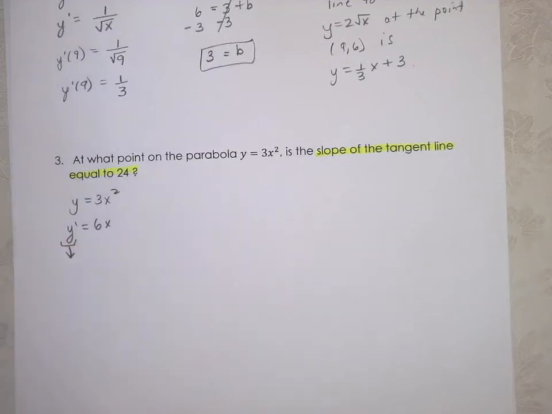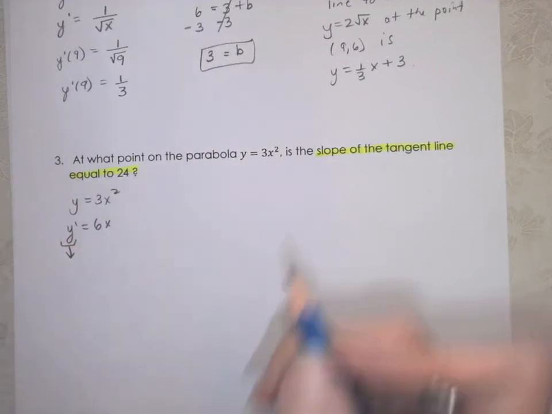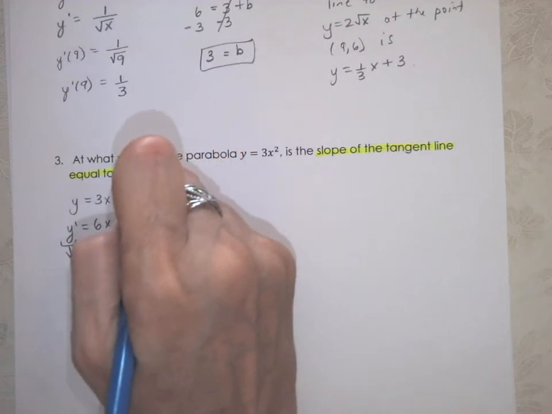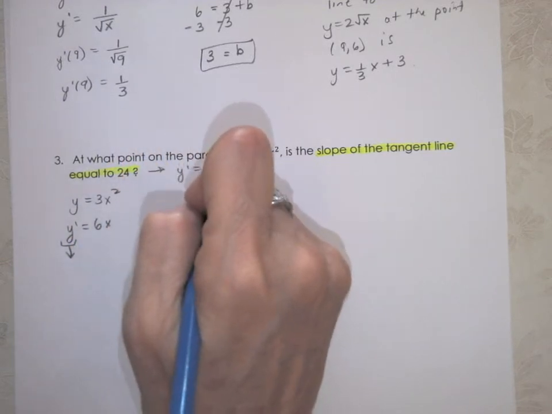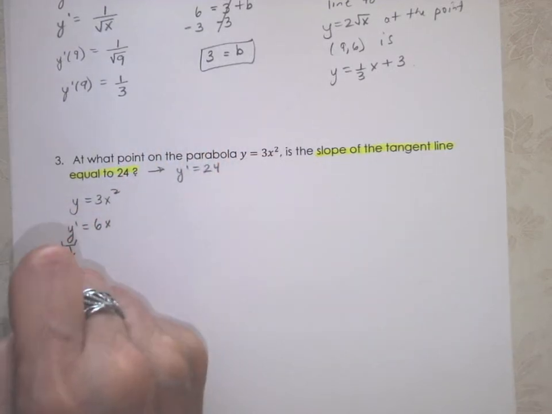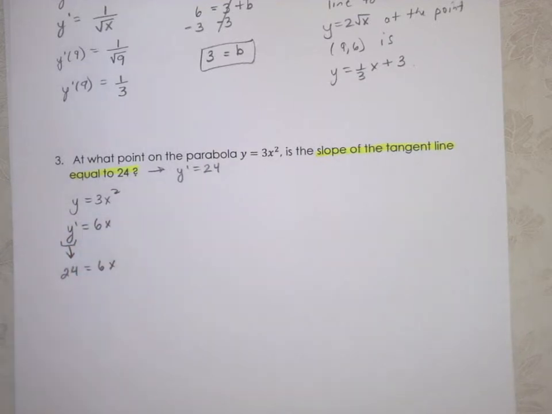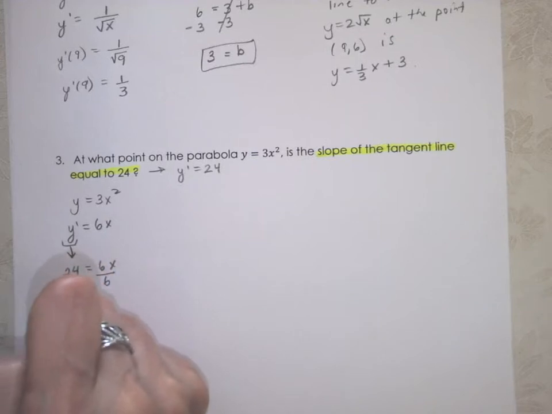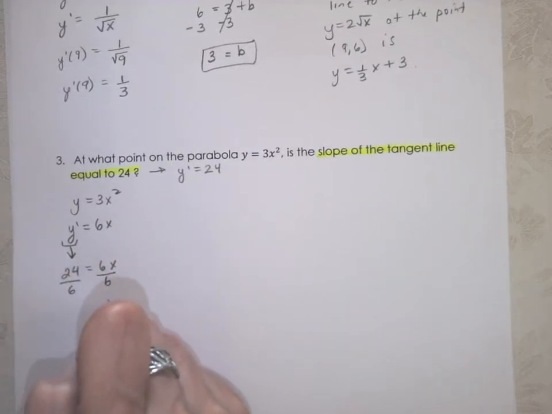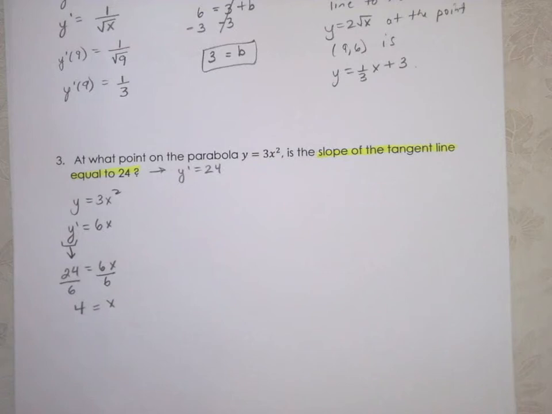And we want to know where is the slope of the tangent, y prime in other words, equal to 24. So I can replace y prime with 24. And then if I divide here, I should get the x value where the slope of the tangent is equal to 24. And I get 4 for my x value.